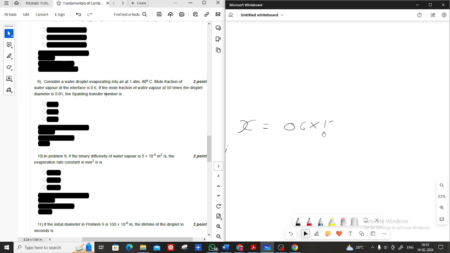The mole fraction is already given as 0.6. So you will get the mass fraction as 0.6 into the molecular weight of water vapor, 18.